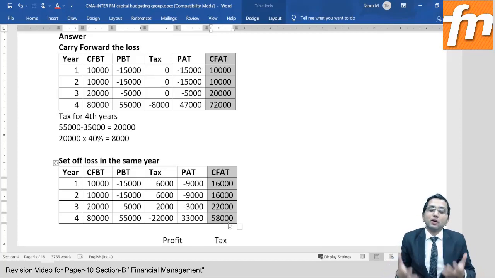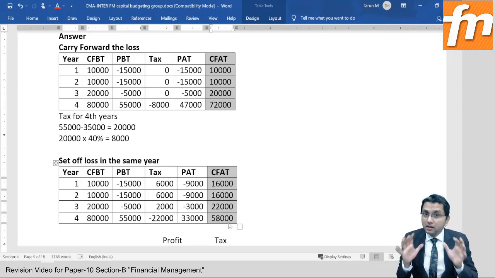See, in both cases, you are getting the tax benefit. In the first situation, you are getting it later. In the second situation, you are getting it simultaneously in the same year. But tax benefit is available in both cases. And that's why if you make a sum total without calculating present value, it will be the same for both cases.